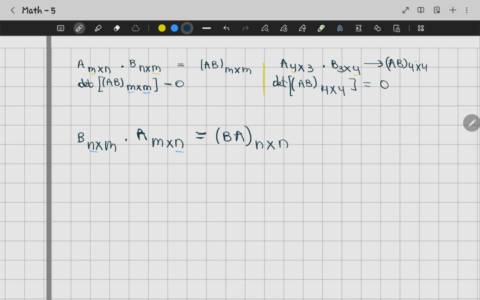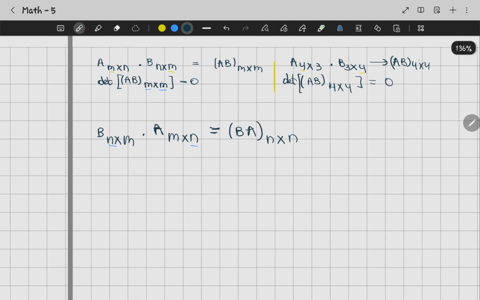And then if you have to find the determinant of this matrix, BA, n times n, the answer will not be equal to 0. So we get an answer that is not 0 for this case.